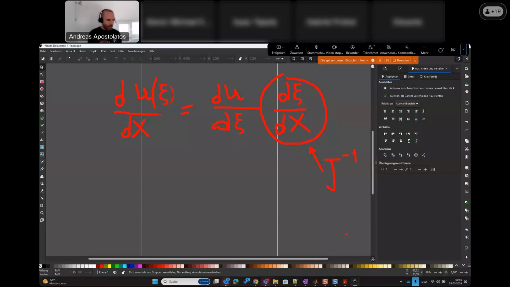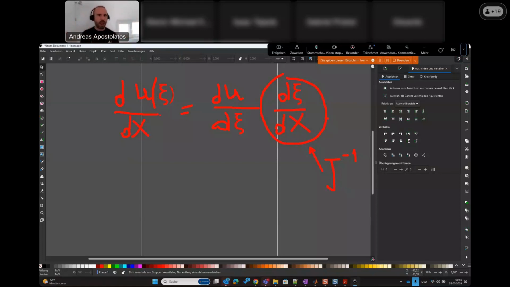Now you see already that to compute the derivative of a field with respect to psi, it's easy, because our field is described by means of psi, so it's parametrically described. However, we need to account for this change of length, because if we want to find the derivative of the field with respect to the physical space, we need the derivative with respect to the parametric space times the change in the length, so to speak.